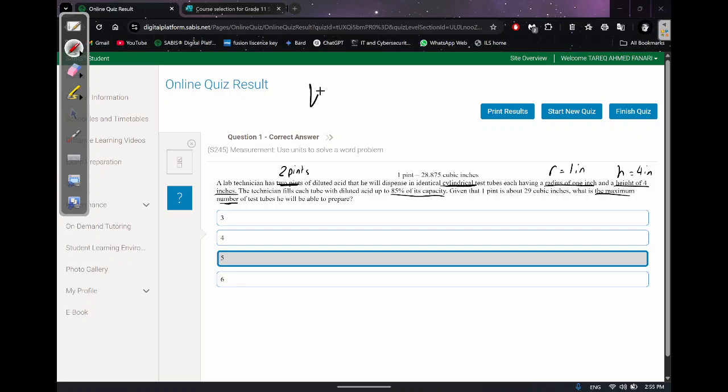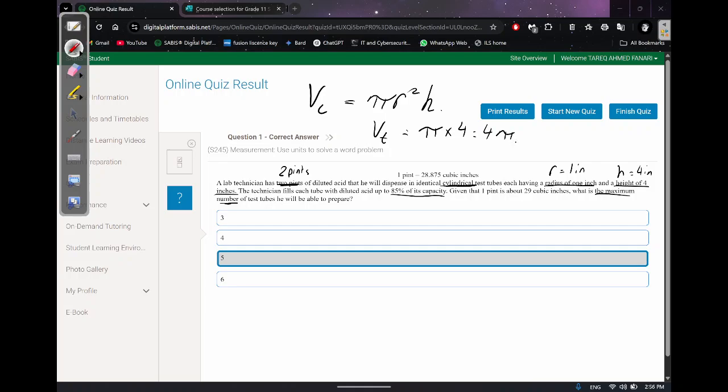Obviously the volume of the cylinder, which is pi r squared h. Let's find the volume of one test tube. Vt equals pi times 1 squared, which is just 1, times 4, which is 4 pi.